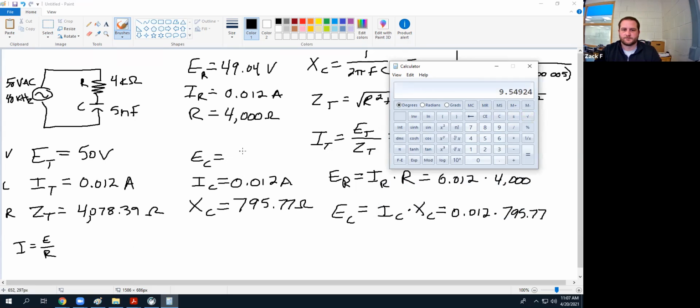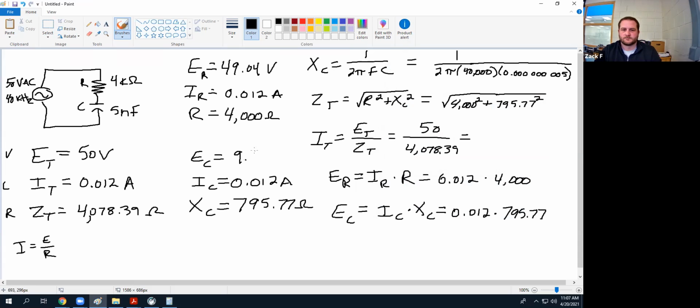And the other is 9.55 volts. We solved for the whole darn thing. Isn't that cool? Now, what do you notice when you add these two up? More than 50. Why is that? Because of the phase shift.